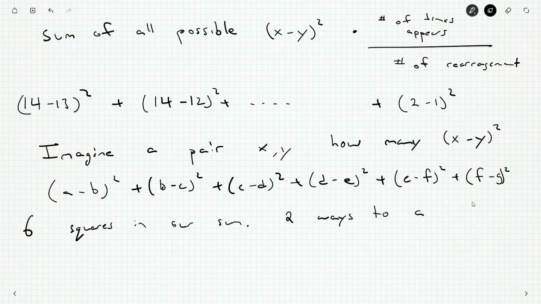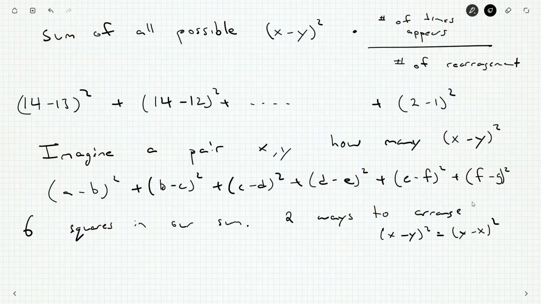And there are two ways to arrange, because x minus y squared is the same as y minus x squared. That's why when we did our small case, 1 minus 2 squared gave me 1, but so did 2 minus 1 squared. And so I got to count those. When we count our possibilities, we're going to multiply. So it'll be 6 times 2 times something.